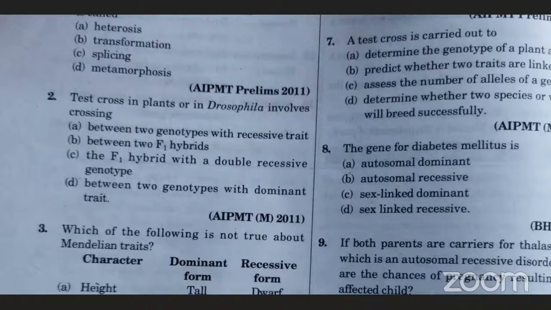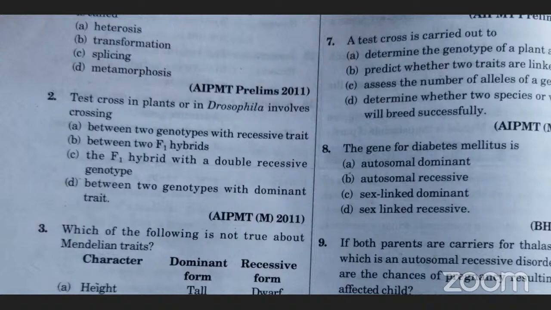That is called a test cross. The options: crossing between two genotypes with recessive traits, between two F1 hybrids, the F1 hybrid with the double recessive genotype, or between two genotypes with dominant traits. Which one is the correct answer?